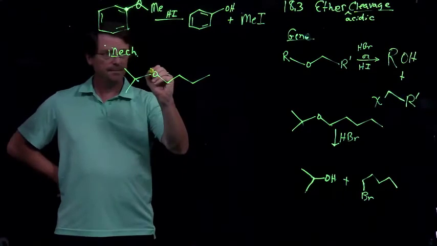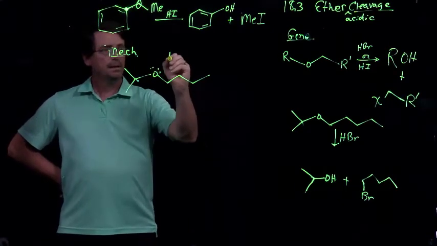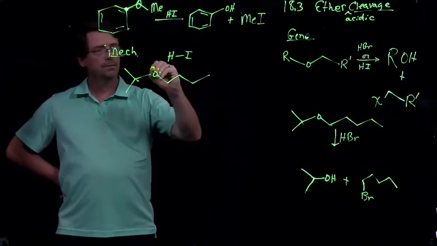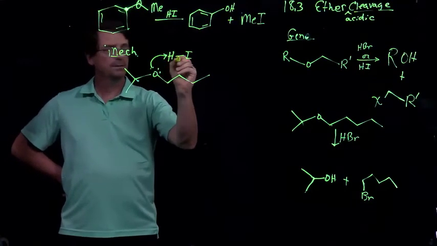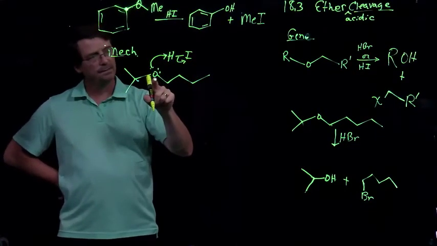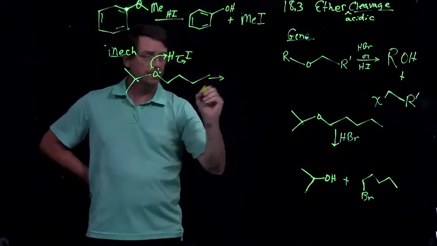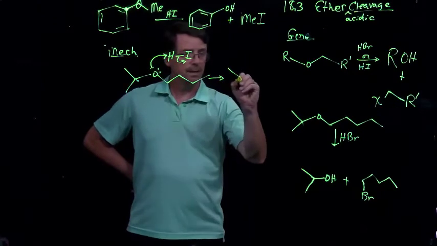The first step is that the ether gets protonated. It's the nucleophile, the acid is the electrophile, or it's the base, and the acid is the acid. This produces a protonated intermediate.